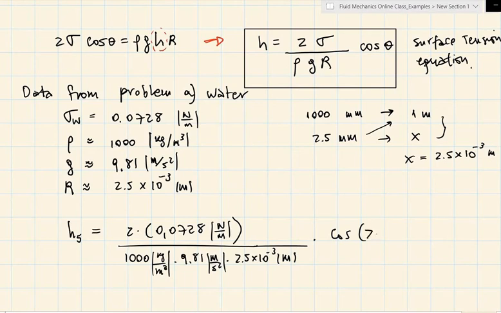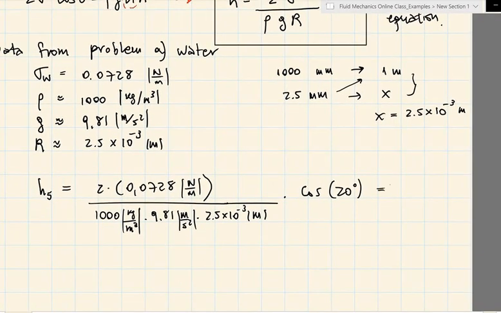And theta for water is the contact angle of the water meniscus, which is 20 degrees. This is determined in experiments for this temperature and this kind of fluid, and it's in tables. If we solve for this, remember to write all the units, just as in physics. Don't ever forget to write the units, because you have to be consistent.